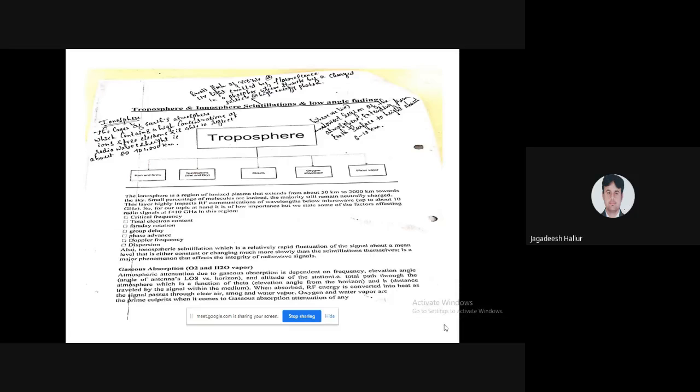The charged particles, that is holes and electrons, are remaining. This layer highly impacts RF communication, that is radio frequency communications of wavelengths below microwave signals, up to about 10 gigahertz.